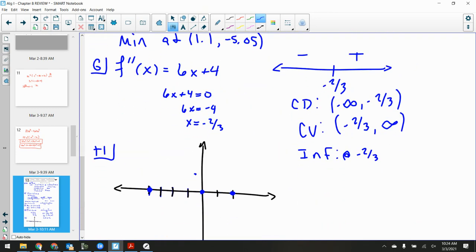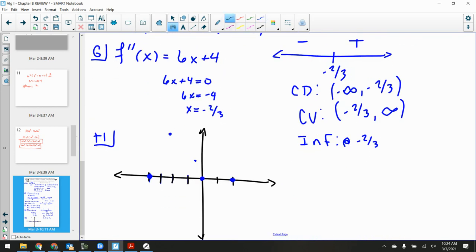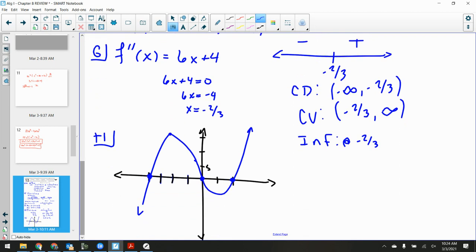So somewhere in here, -2.4, let's say that's 16.9. So let's make this like 5, 10, 15, something like that. Going by 5s. So there's my topping out point, the inflection here. And I should have put that in a better spot. 1.1, negative 5.05. Yeah, that's okay. I'm good.